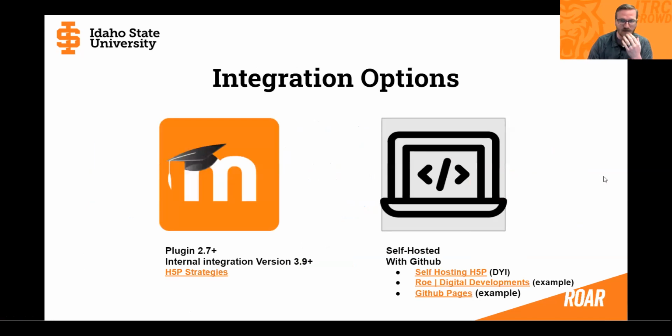And then there's the third option, which is the integration option. So like with Moodle, the team that did H5P, there is a plugin that you can add for versions 2.7 and above that allows you to have H5P as an activity that you can add, and then the H5P is kind of stored on the Moodle site.